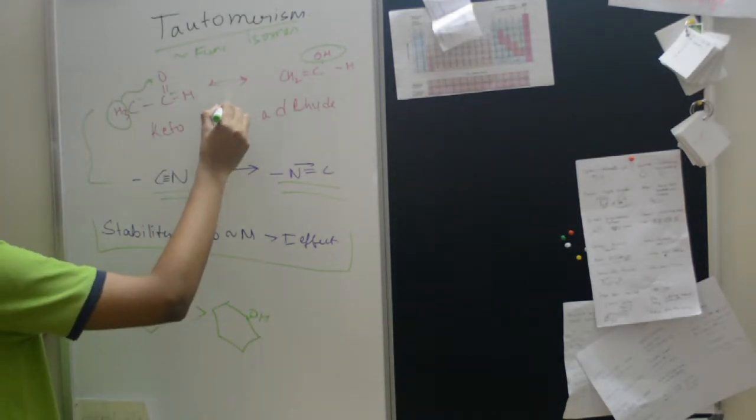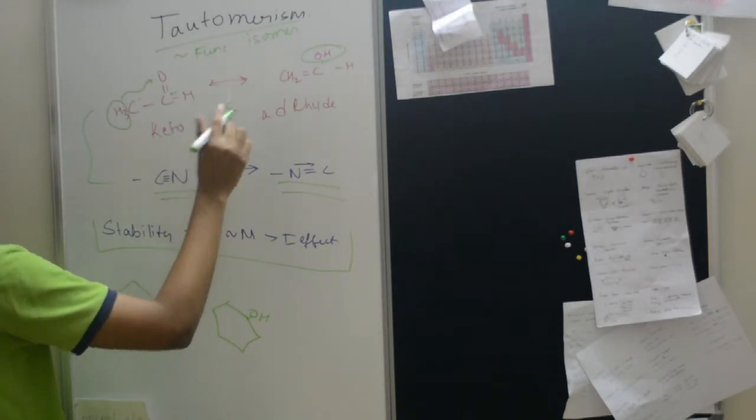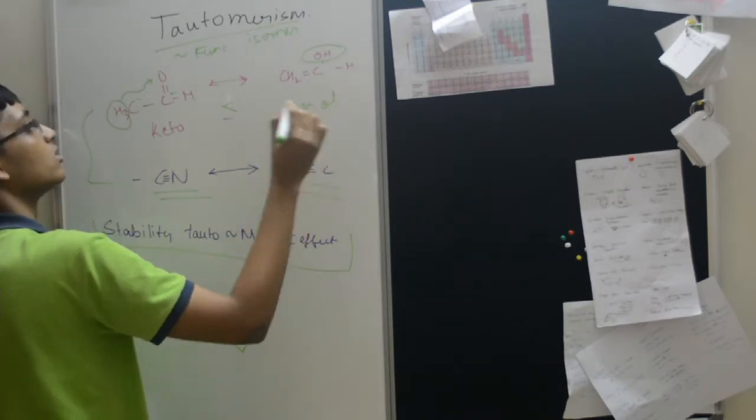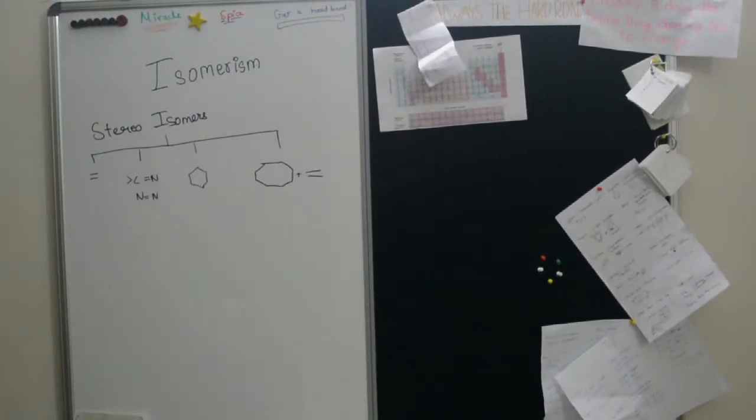In this one, aldehyde is how I am saying aldehyde, alcohol or enol. Enol is more stable than this one. So continuing, we next move on to stereoisomers.